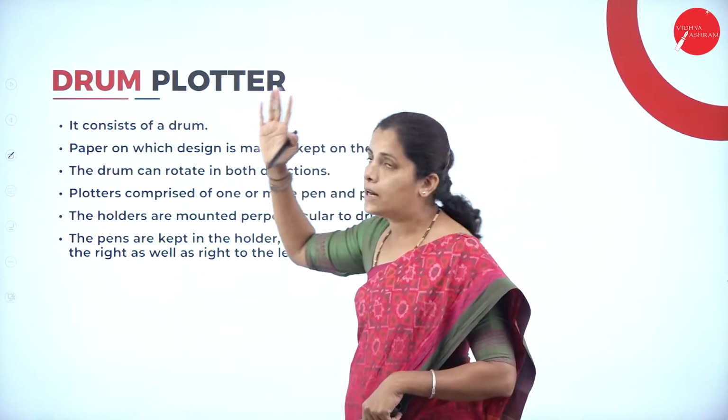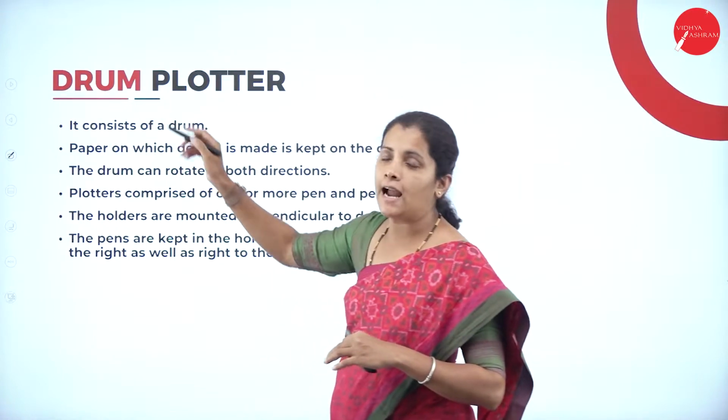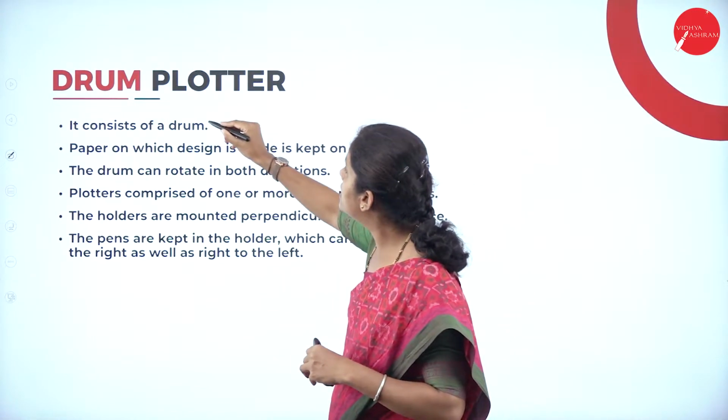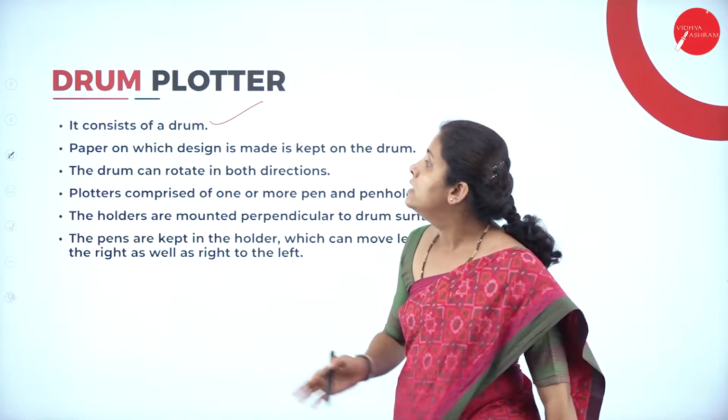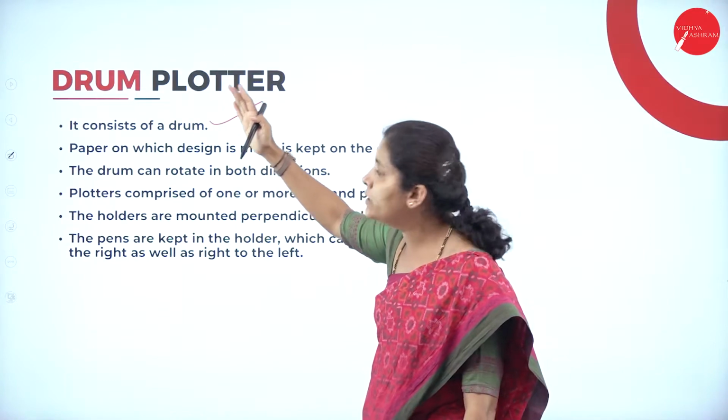What is a drum plotter? The name itself indicates that it consists of a drum. It is an example of an output device.